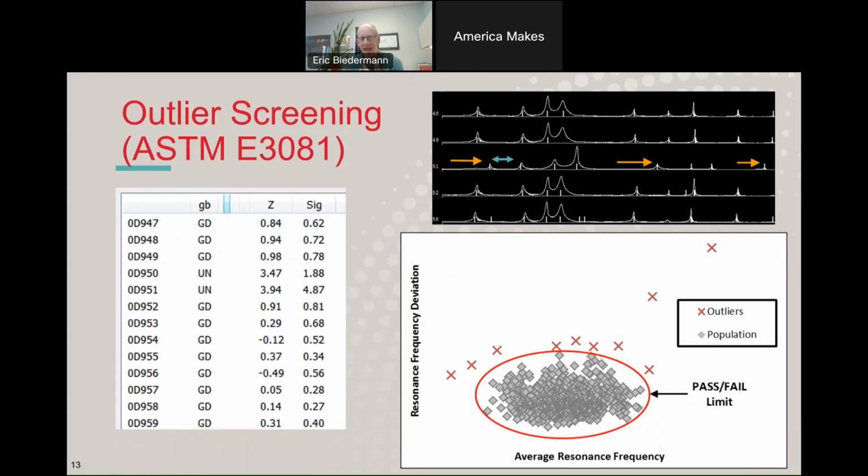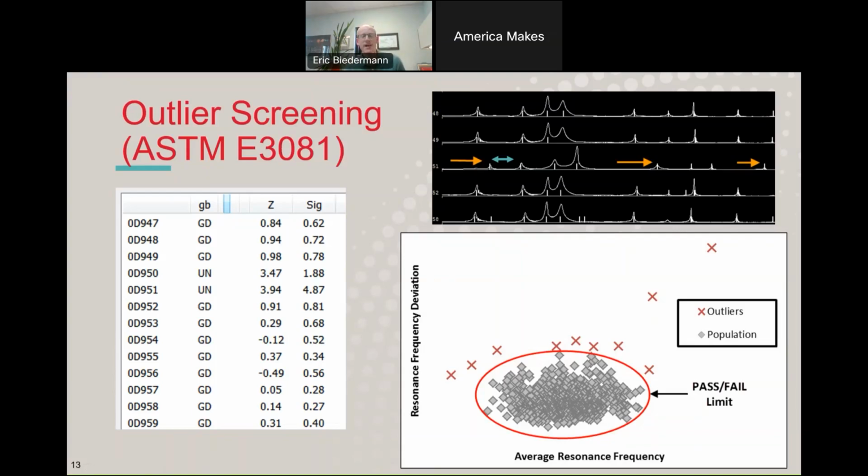And the more of that we have in a component, the more resonance spectrum pattern change you have, the higher value you're going to have on that z-score standard deviation, rather. And what that's capturing is localized variations in a component. So a localized flaw or geometry change. The more of those localized variations you have, or the more severe they are, the greater this pattern difference is going to be, and the higher that z-score standard deviation will be.